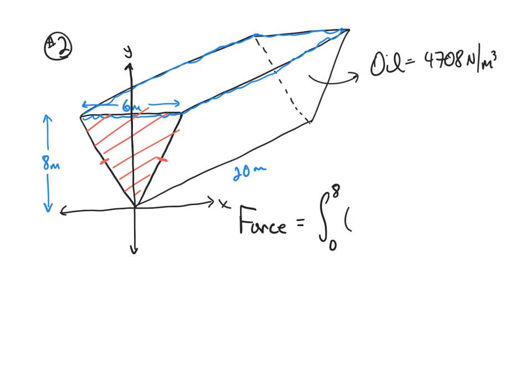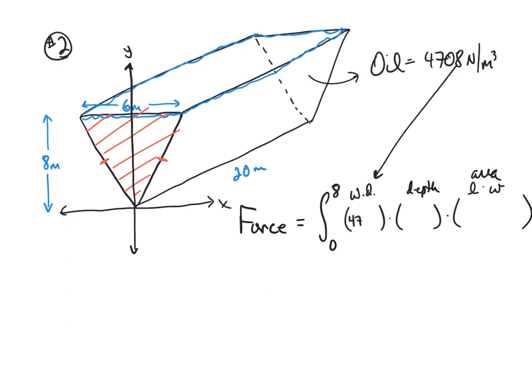And then the three things that we'll be integrating are these factors: the weight density, the depth, and the area of every one of the layers. Now the weight density is always just going to be a given value.